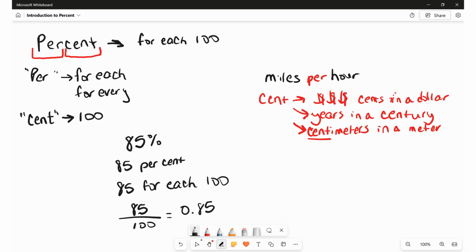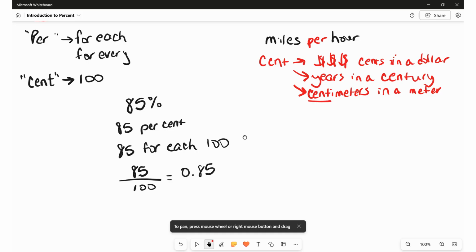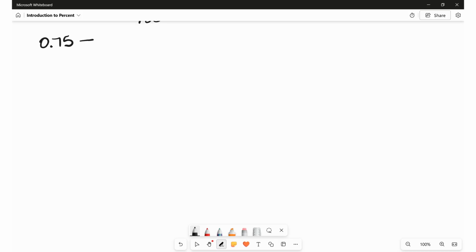This is where we get into how we would change different forms into percent. We have 0.75 and we want to change that to percent.